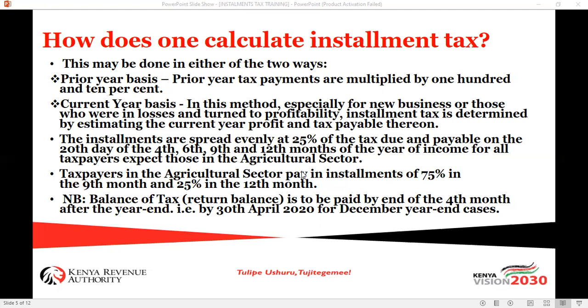Then October, November, December. Then you are supposed to pay by 20th of January the following year.